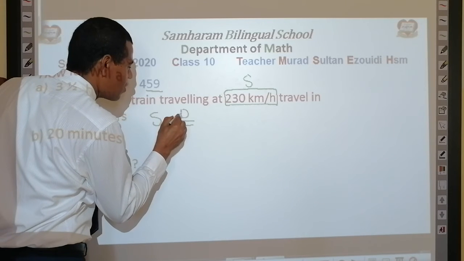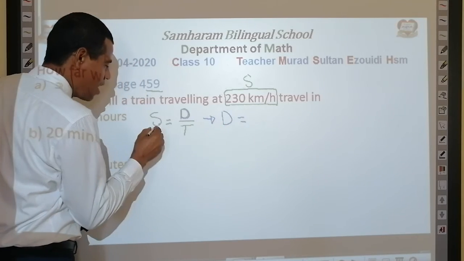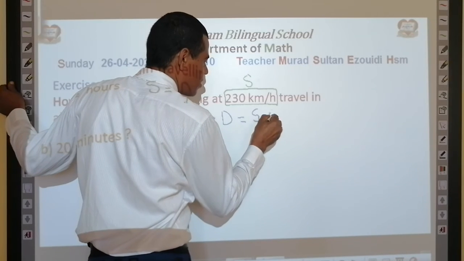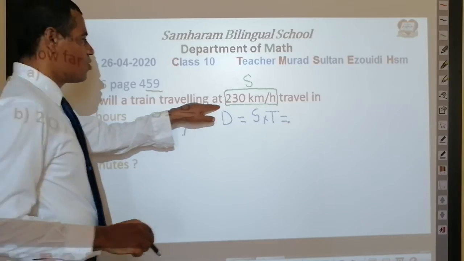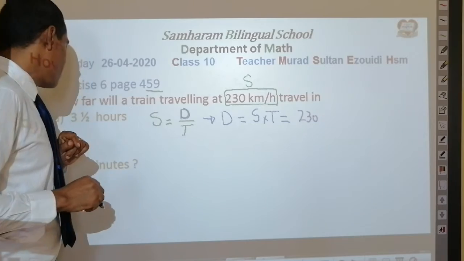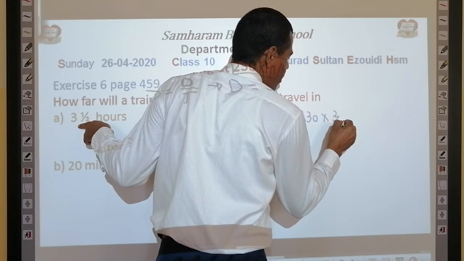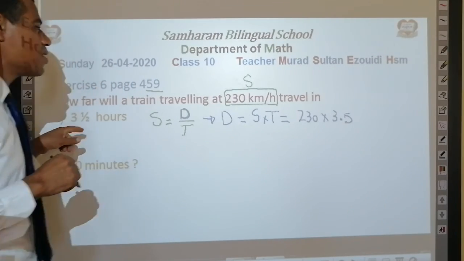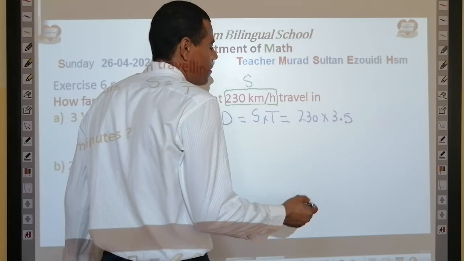So distance is equal to speed multiplied by the time. Speed is what, in fact? Is 230 kilometers multiplied by 3.5.